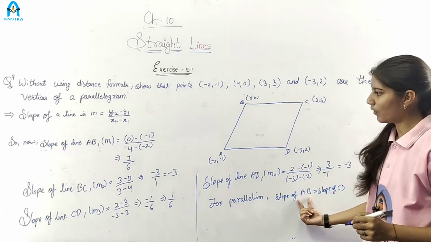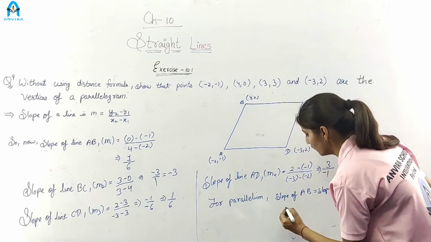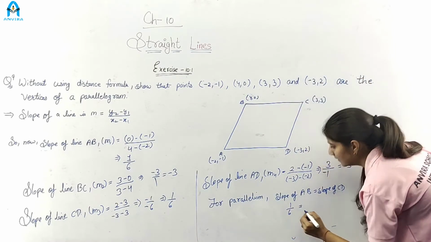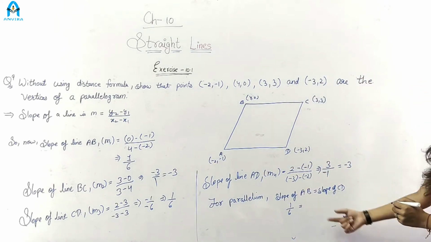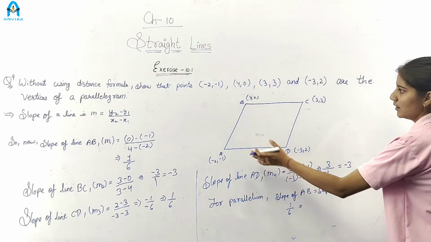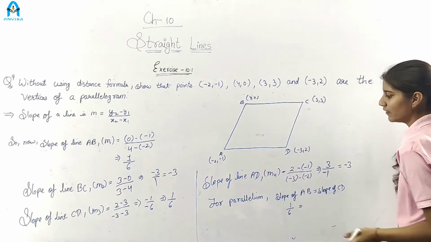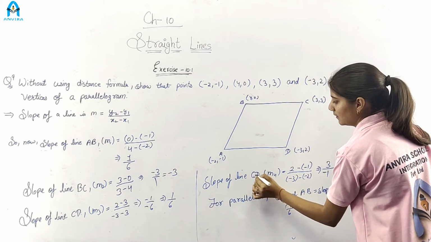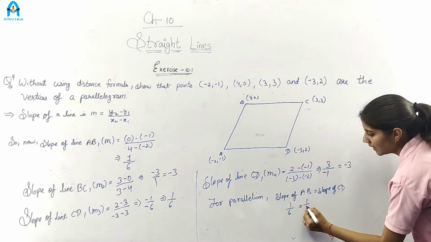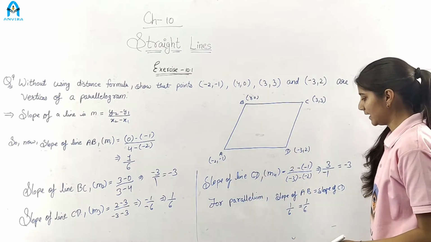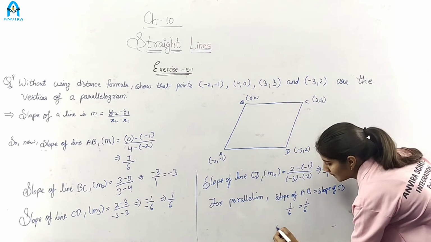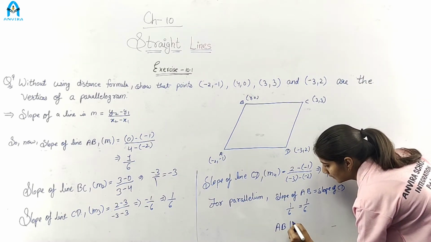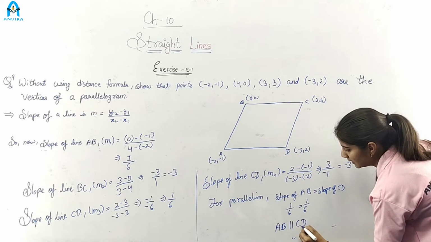So what is our slope of AB? The slope of AB is 1 by 6, and similarly the slope of CD is also 1 by 6. So I can write it as AB is parallel to CD.